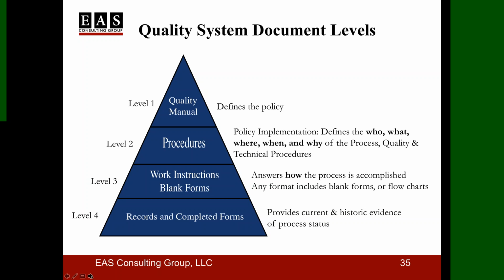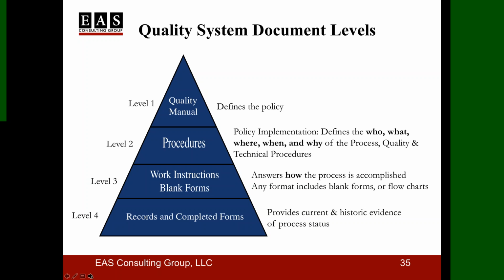Well, when I'm going to do design controls, I'm basically going to have a matrix that I'm going to fill out that lists the intended uses and user needs, then the design inputs, design outputs, verification, validation type of activities, etc. And then, of course, the form, which is basically, let's say, a matrix that puts it all together.